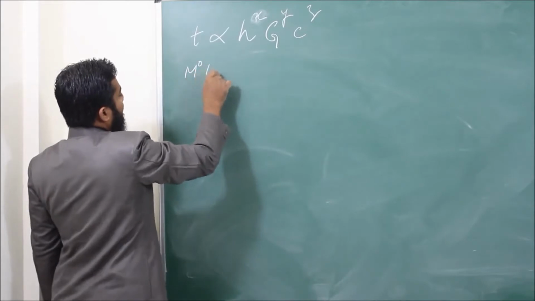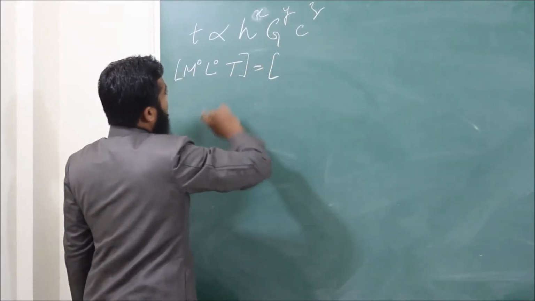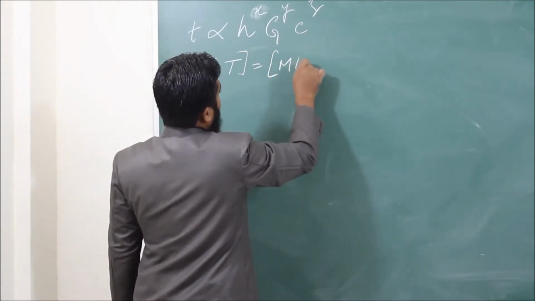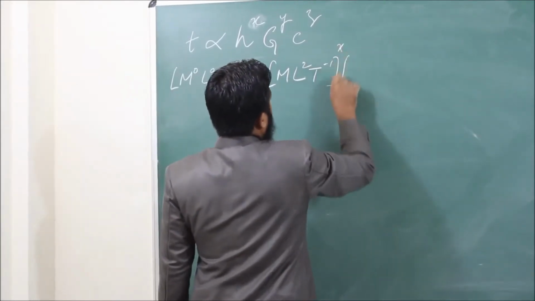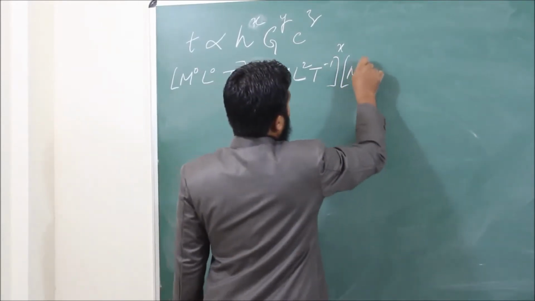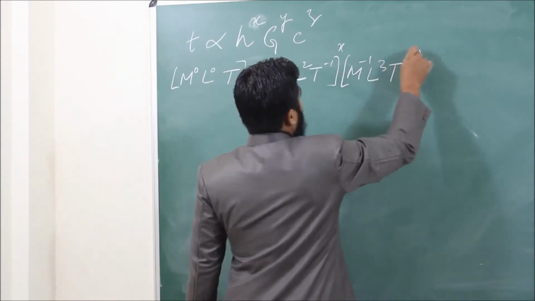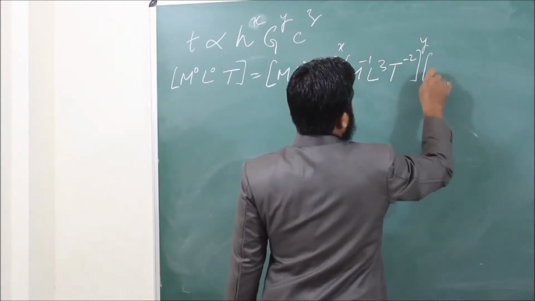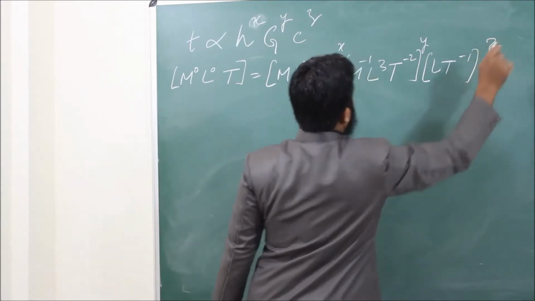So M^0 L^0 T for time. On the right hand side, H has dimensions M L^2 T^-1 whole raised to the power x. G has dimensions M^-1 L^3 T^-2 whole to the power y. And C has dimensions L T^-1 whole power z.